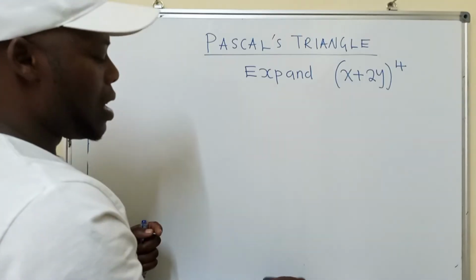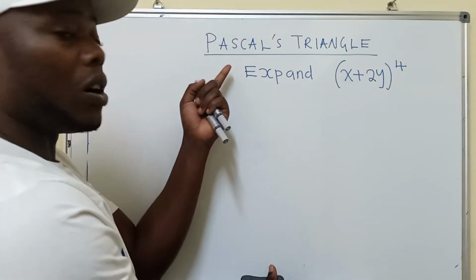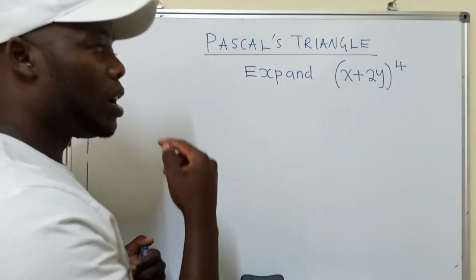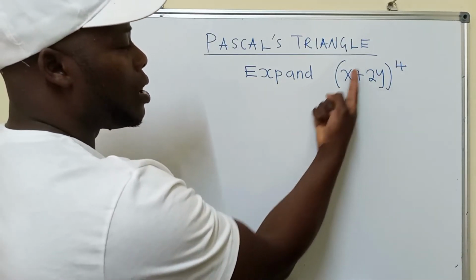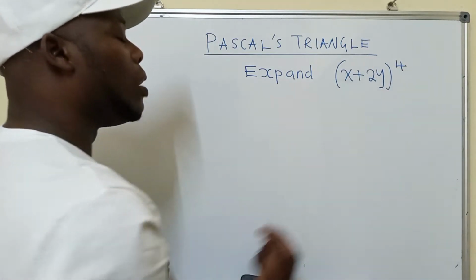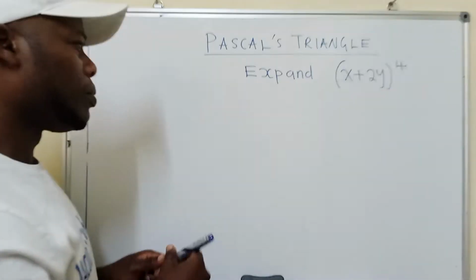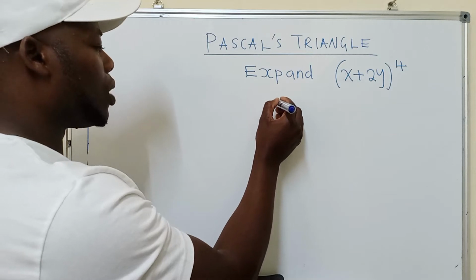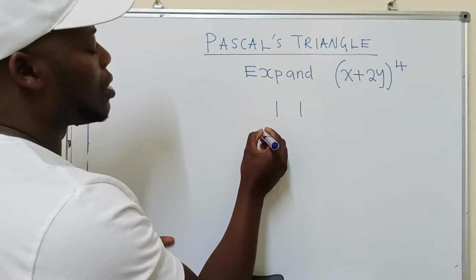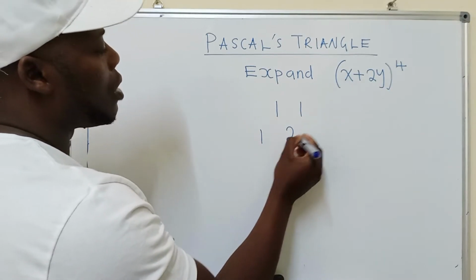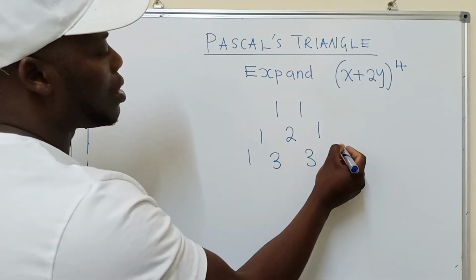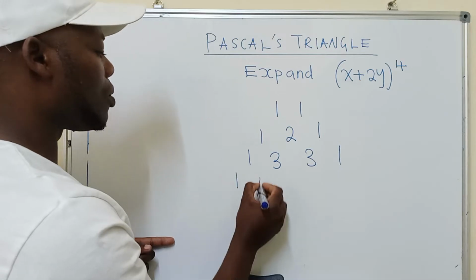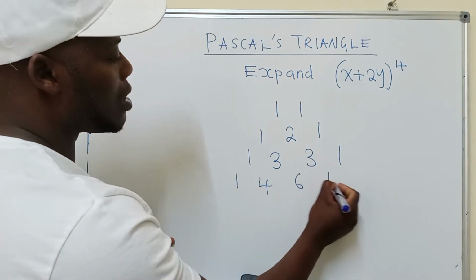That's why this gentleman here, Pascal, came up with a method on how we can expand these expressions with bigger powers. So Pascal's triangle looks like this. I want you to look very carefully and understand it.